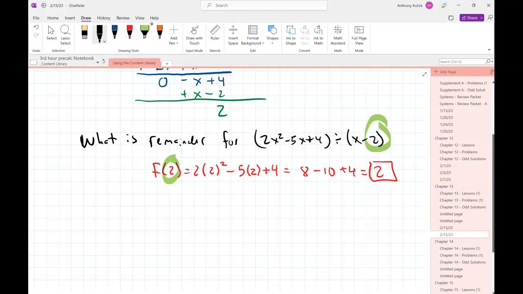The one that we'd be most interested in if the end goal is to be able to factor things? What remainder would indicate that something is factorable? 0, right? If I get a remainder 0, that means that whatever the divisor was is a factor, right? So that's what we're going to call the factor theorem.